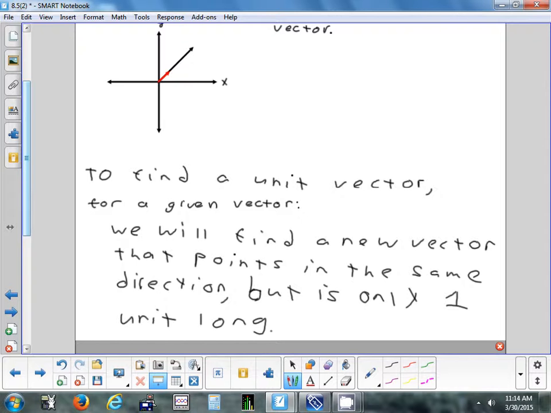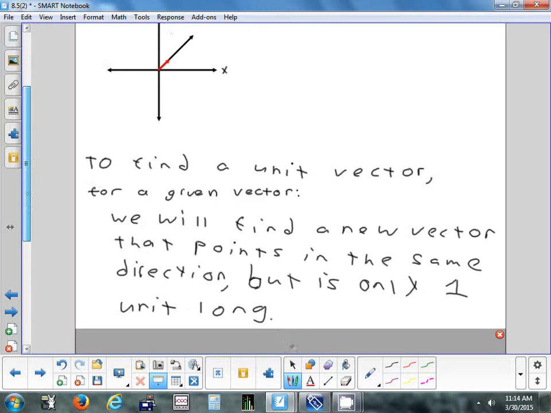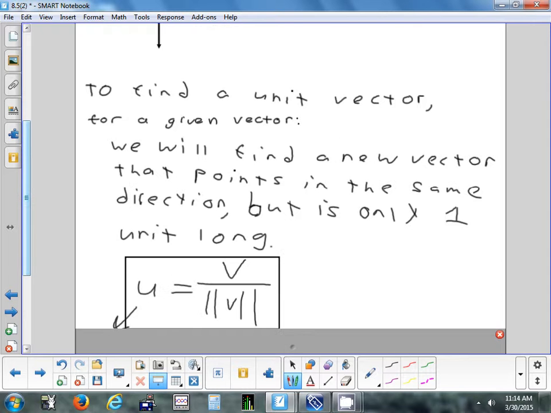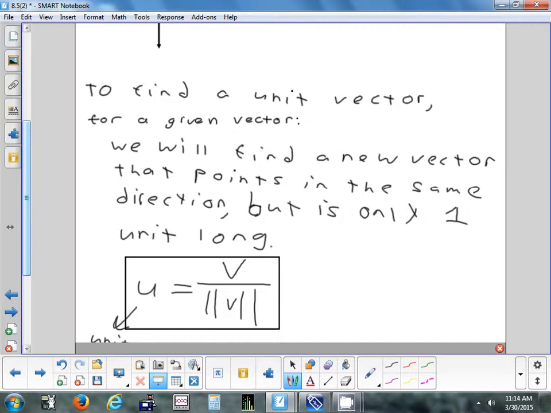So that's basically our pattern. You've got to first figure out how long is the vector you have. Maybe it's already a unit vector. You don't need to worry about it. But if it's not a unit vector, to change it into a vector that's 1 unit long, take the vector and divide by its magnitude.